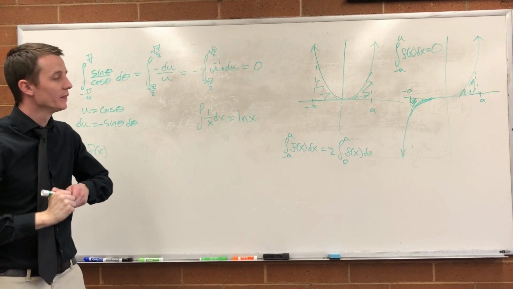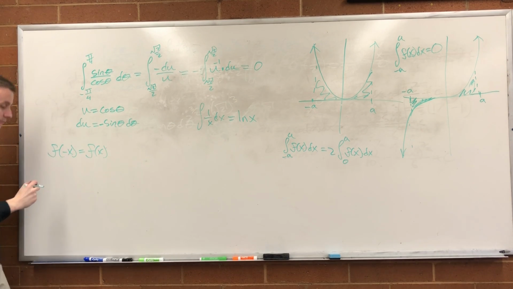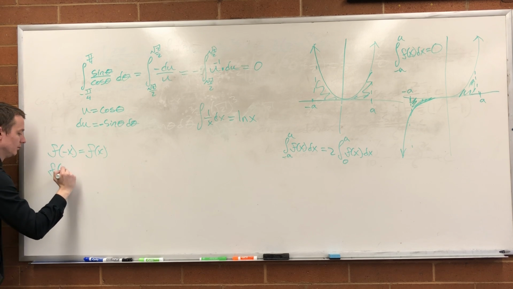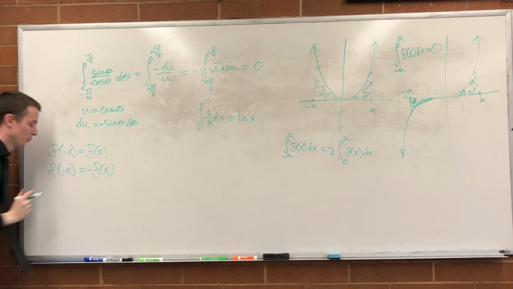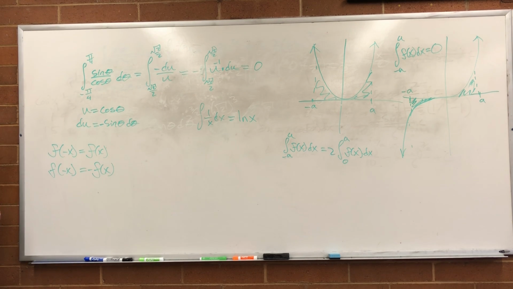Okay? What's our test for an odd function? F of negative x equals negative f of x. Perfect. F of negative x equals negative f of x. If I plug in the negative of x, I get the exact same height as I got at x, just in the opposite direction.